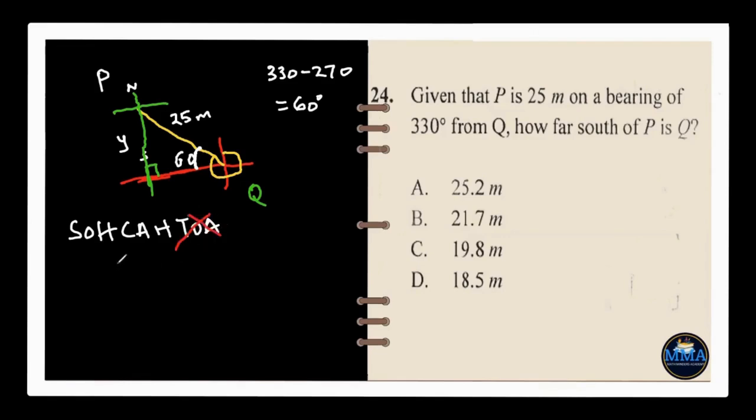This is out. Now, we are looking for opposite, and hypotenuse is given. So we'll be considering this first one. So we are going to be using sine. And so we'll say sine 60 is equal to y all over 25.